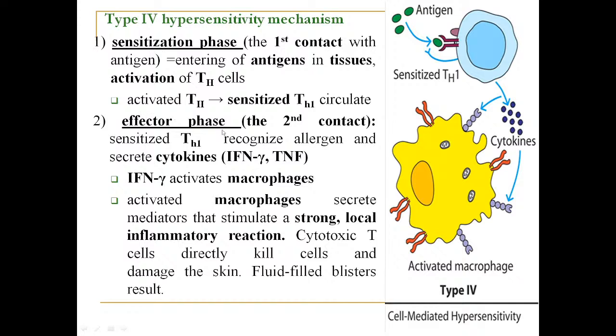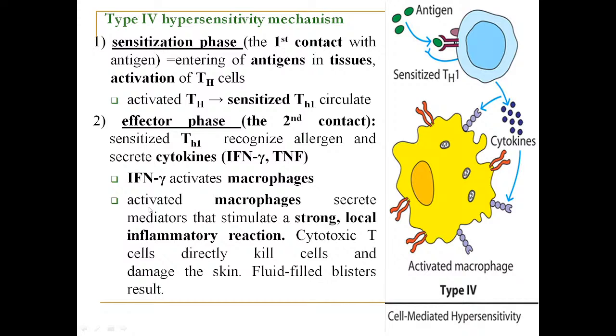The next stage is the effector stage or effector phase, when human organism contacts with this allergen, with the same allergen at the second time. Sensitized T helper cells, Th1, recognize this allergen and secrete cytokines, pro-inflammatory cytokines, for example, interferon gamma and tumor necrosis factor. Interferon gamma activates macrophages.